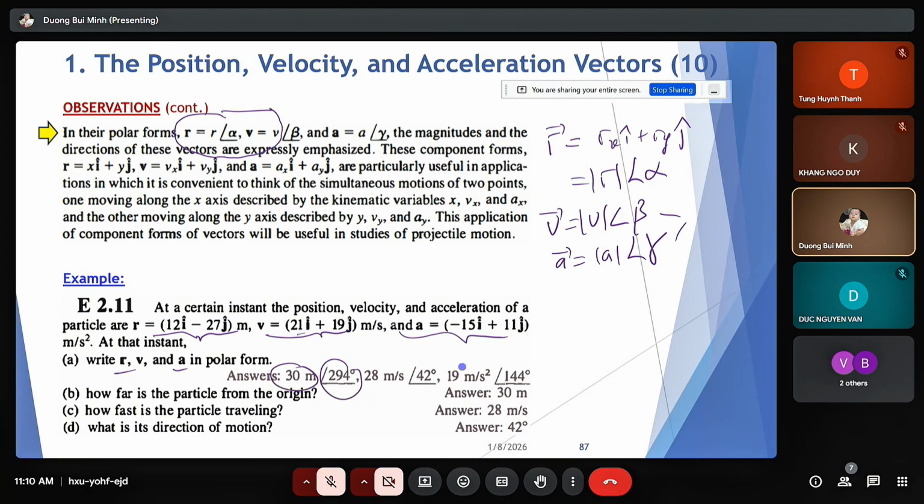Yeah. And then we get the I. But the I acceleration is minus 50 I overhead plus J overhead. So this one belongs to the second part.